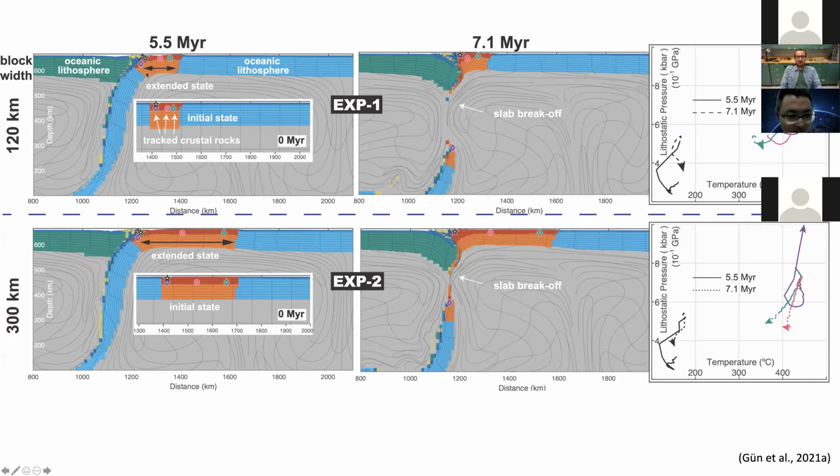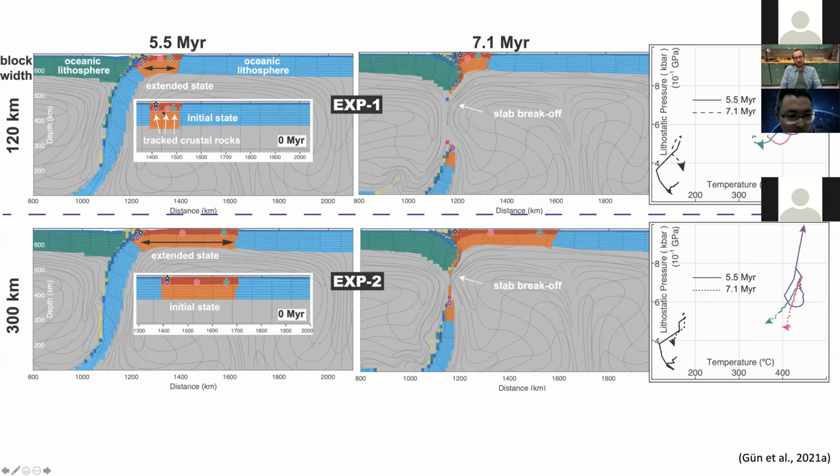So maybe you can see that this is the extended state, we call it. Initially this microcontinent was 120 kilometer wide, but at the end, when it reaches the subduction zone, it is wider. So also you can tell this style of exhumation or extension history from the pressure temperature path.